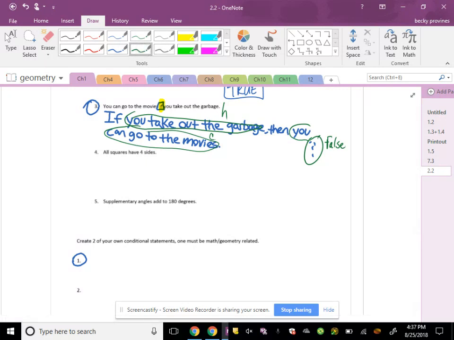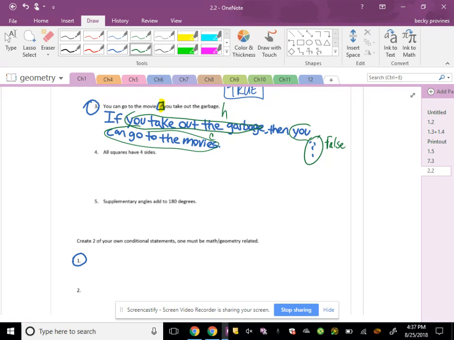Number 4, all squares have 4 sides. So we're back to math things. That's good. All squares have 4 sides. So we need to start with if, and in the middle have a then. Now, I like to use the word figure a lot of times. Instead of saying if it is a square, I can say if the polygon is a square, if the figure is a square.